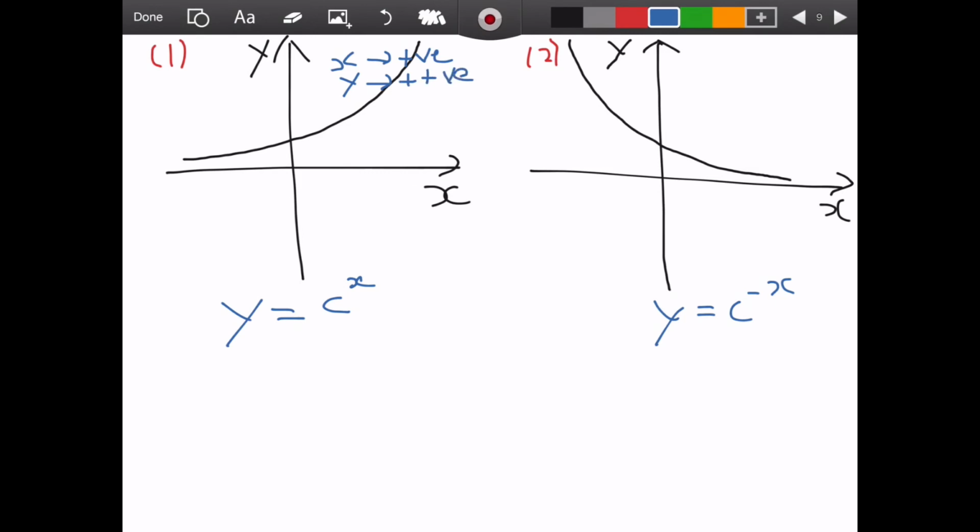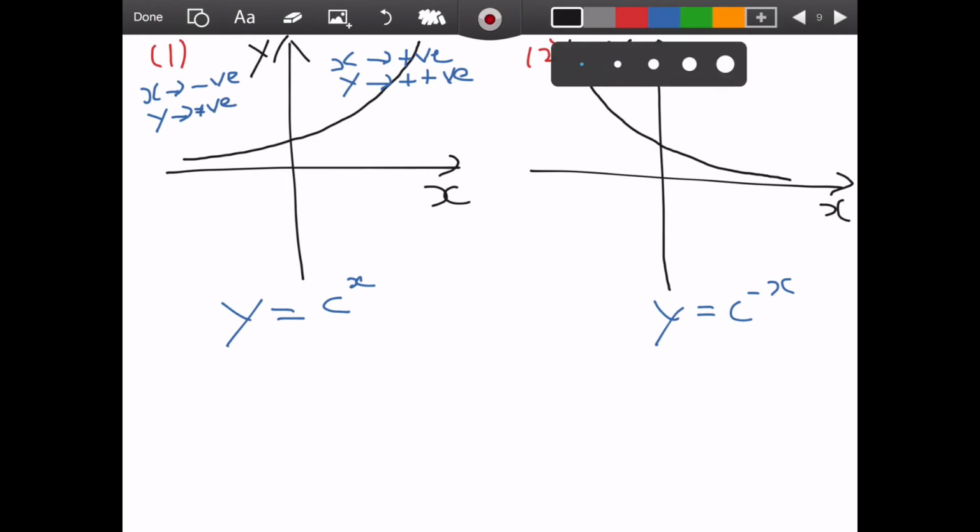You can see from the upward trend graph. And in this quadrant, when x is negative, y is still positive, but it's a very, very small positive number. In fact, y is actually approaching zero, but it's not reaching zero, right? It's just approaching zero.